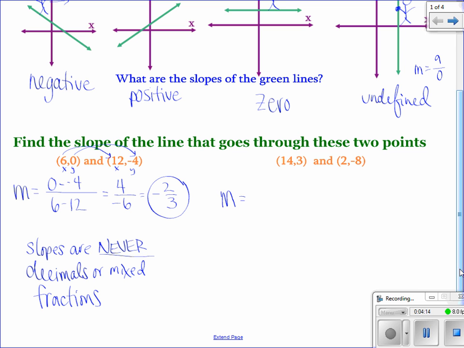We're going to subtract our y values. Let's try going this way this time. It does not matter which order you pick for the y's. And then that means we'll subtract this direction for the x's. Okay, the negatives cancel out and we get 11 over 12.